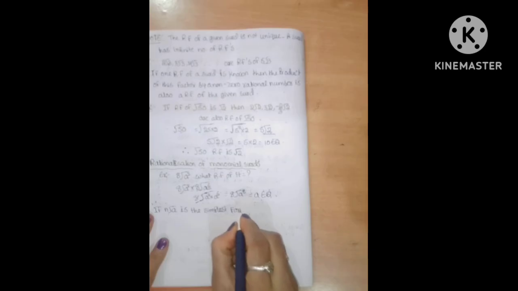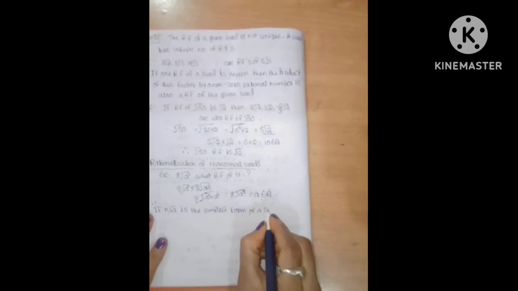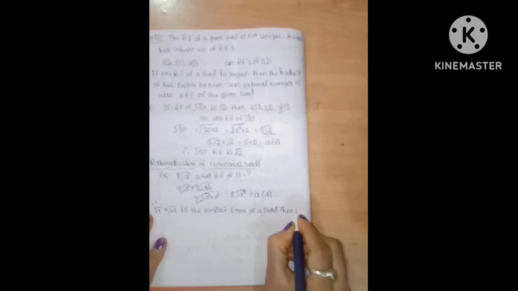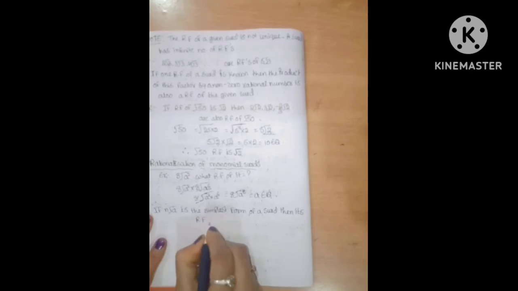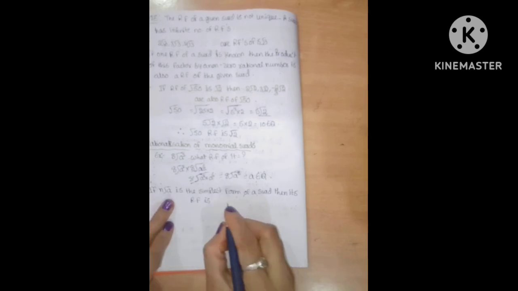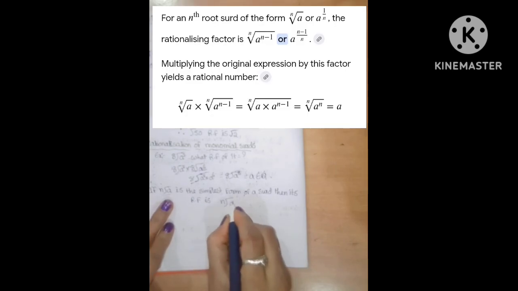Are you understood? What is the nth root a? The rationalizing factor is the nth root of a to the power of n minus 1. Are you clear?